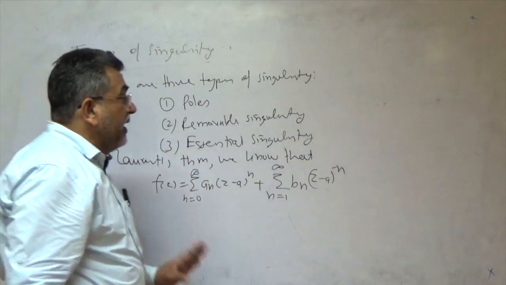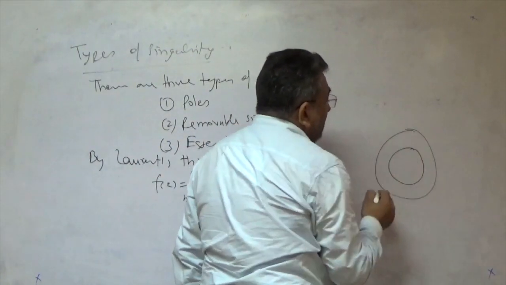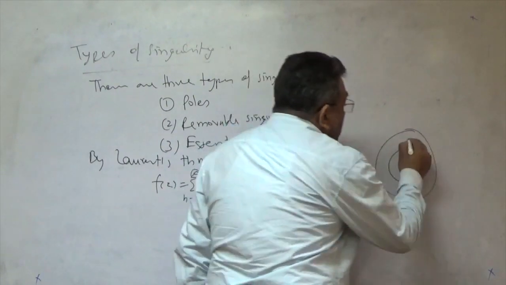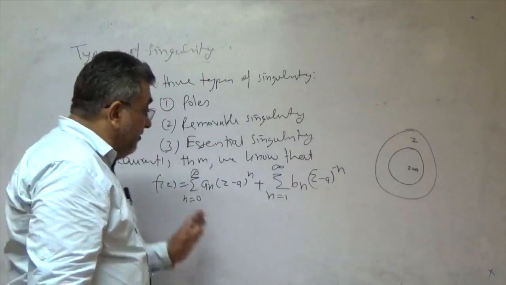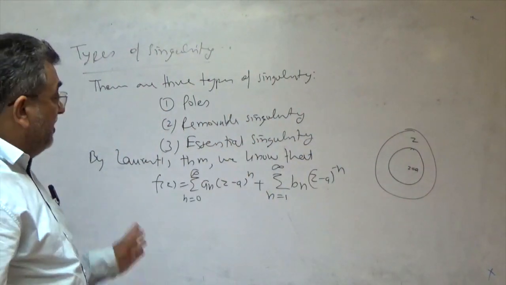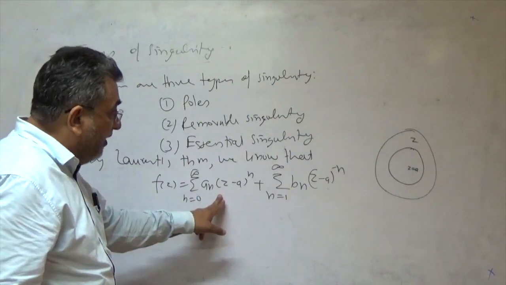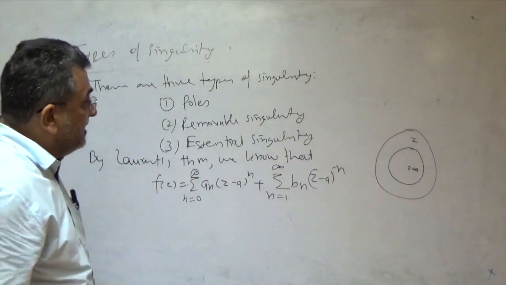I told you, here we take an annular, ring-shaped region where point z equal to a is the center. If the function is analytic in this ring-shaped region, then we can expand the function with the help of Laurent as containing some positive powers of z minus a and some negative powers of z minus a, and that is an infinite series.